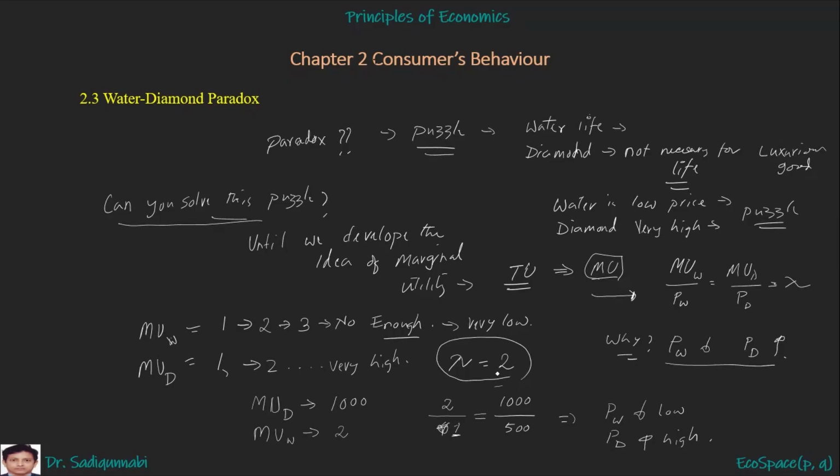Why is this the case? Because the marginal utility of water is very low, we don't want more glasses of water, although water is a very necessary good and we cannot survive without water. But diamond, although it is not necessary for life, has a very high marginal utility. So that's why the price is also very high. So that ends our chapter 2.